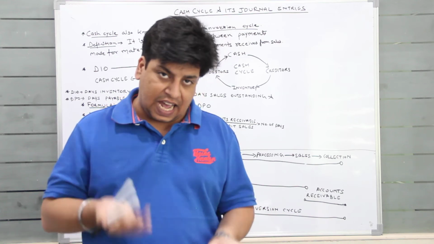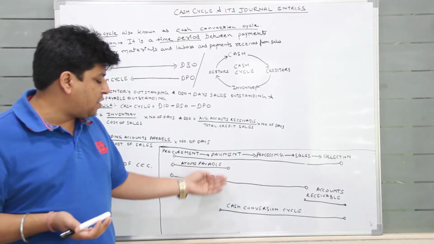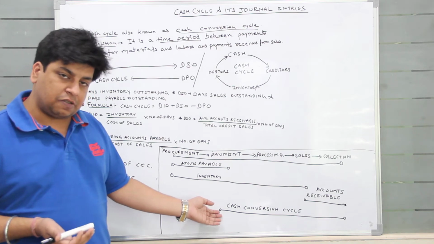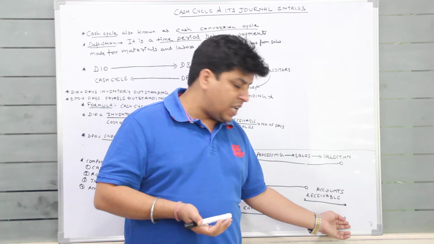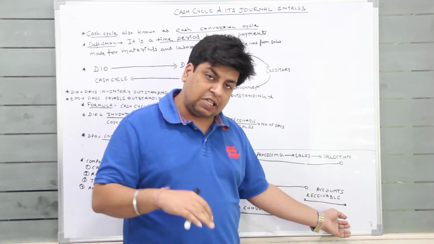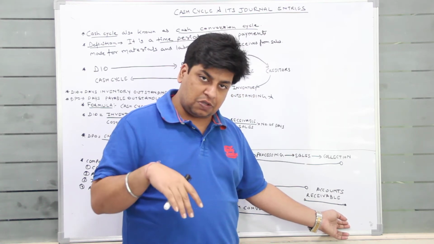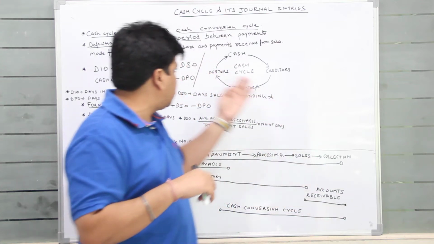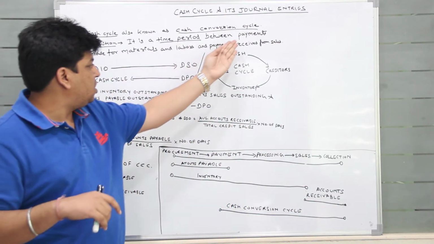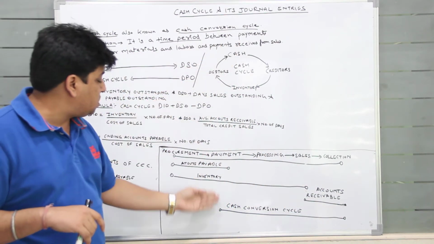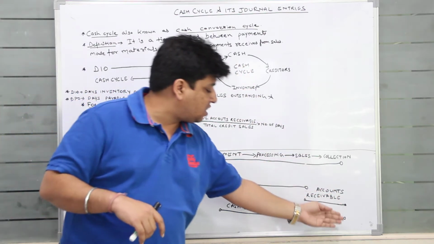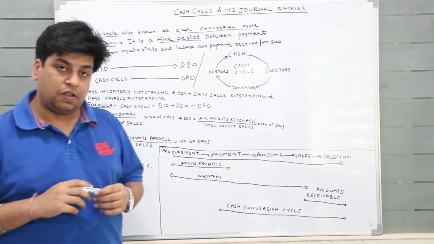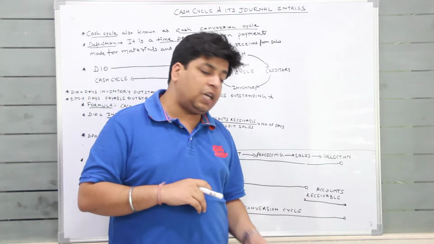The role of cash starts only when we are making payment to our vendors, and it ends when we are collecting money from our customers. As the definition says, once again, it is a time period between payments made for the materials and labors and payments received from sales. So payment received from sales would be collection.